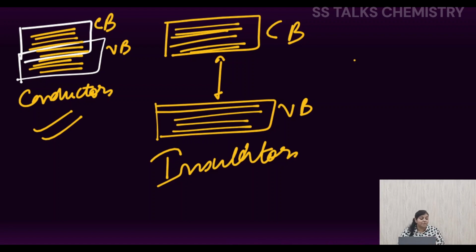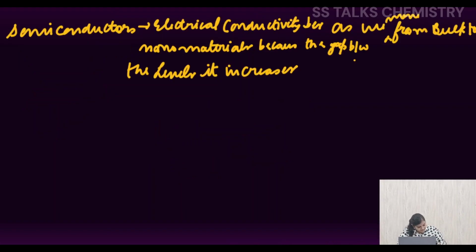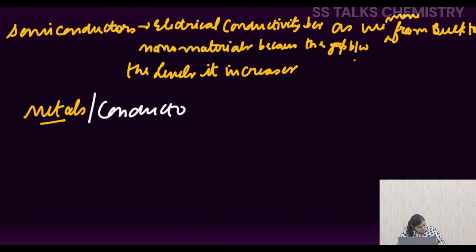In fact, there will be an increase in the conduction, because in the conduction band the electron presence is already there, right? So in the case of the conductors we are observing the electrical conductivity is increased.